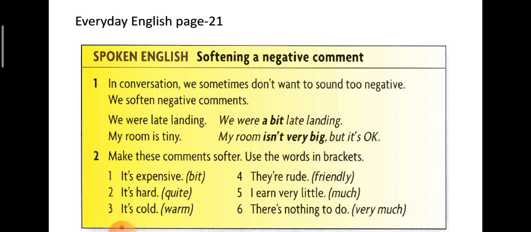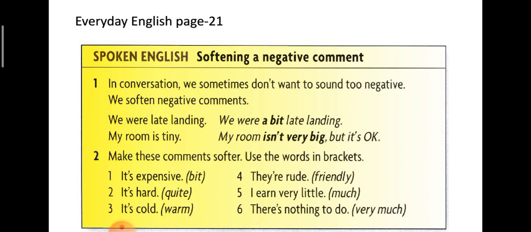Okay, so here is activity number one, an example of how to soften a negative comment. In conversation, we sometimes don't want to sound too negative, so we soften negative comments. So here, 'We were late landing.' When you say that, the listener feels negative, not happy.